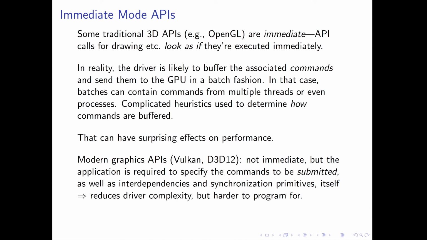So the graphics API and the driver would work hand in hand, and the driver would, before it would actually send the draw command to the GPU, first buffer them. And then the driver would implement some types of heuristics that tell the driver when to actually send draw commands to the GPU.